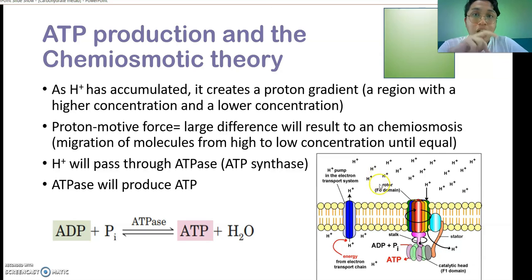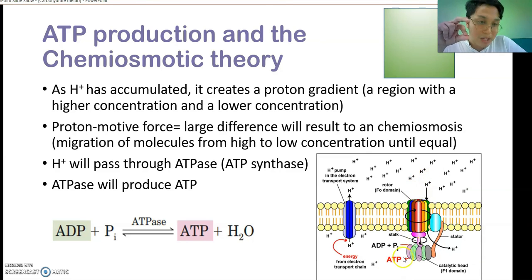So, meron tayong tinatawag na chemiosmotic theory. Okay? Kung saan, gustong mabalanse itong difference in their gradient. So yung gradient ng osmosis na yon, kailangan mo balanse, edi dapat may pumasok dun sa loob, or bumaba.